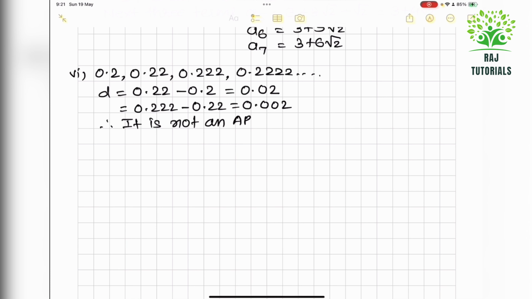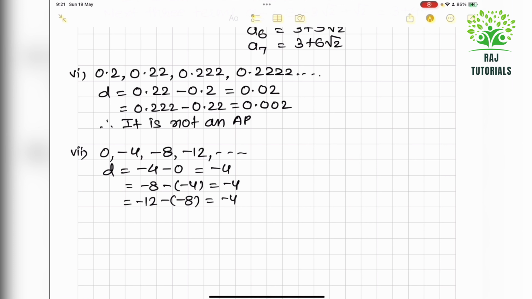Now seventh one, it says 0, minus 4, minus 8, minus 12, and so on. So D equal to minus 4 minus 0, that is minus 4. Minus 8 minus of minus 4 is also minus 4. Minus 12 minus of minus 8 is also minus 4.